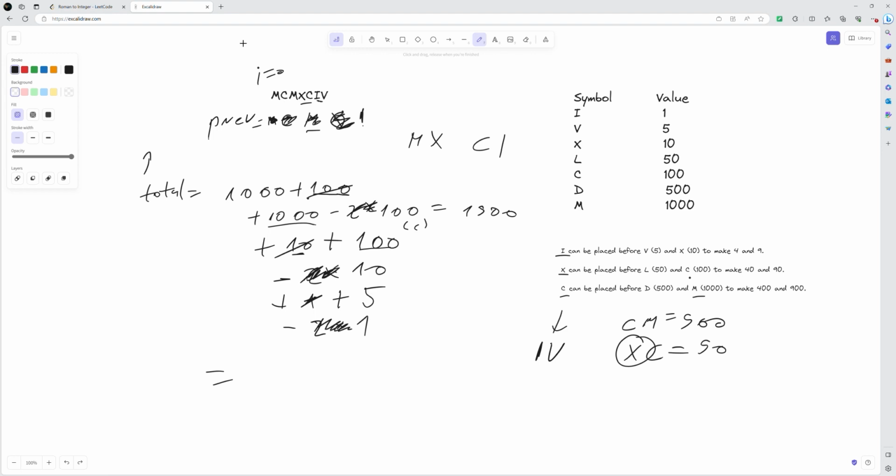Then we will add 100 minus 10, which is 90, and then we will have 5 minus 1, which is 4. And if we add all of this, we will get 1,994, which is the Roman representation of the Roman literal that we got as an input.